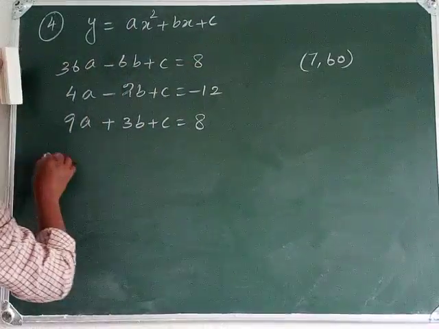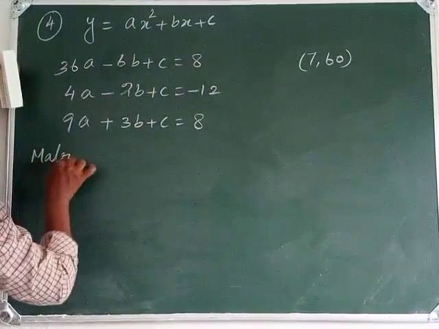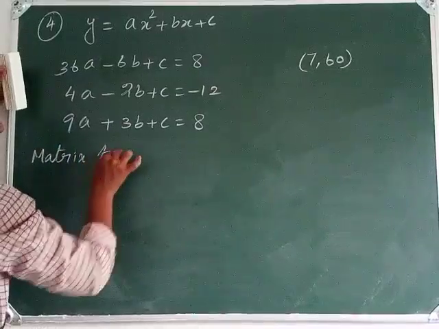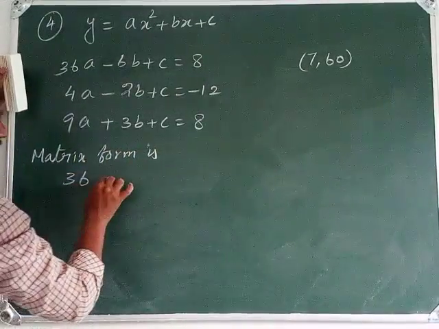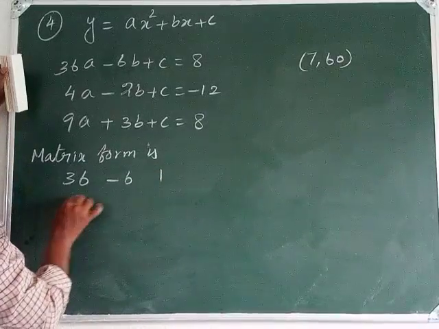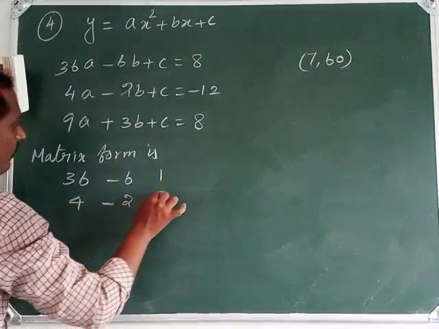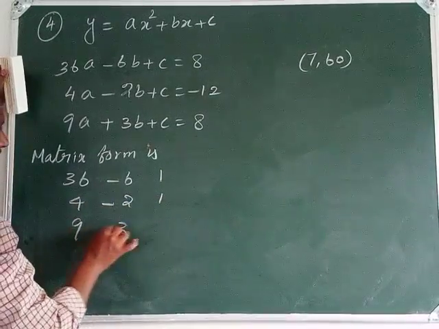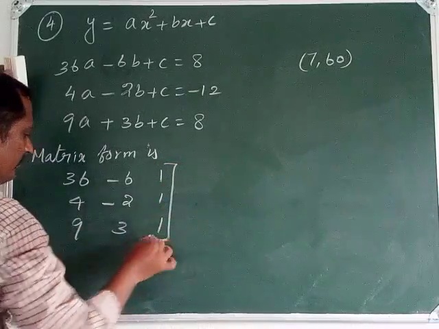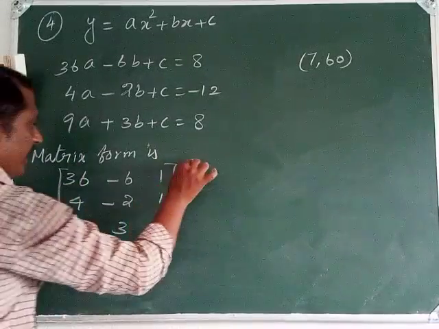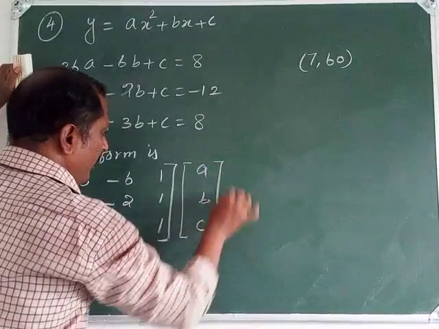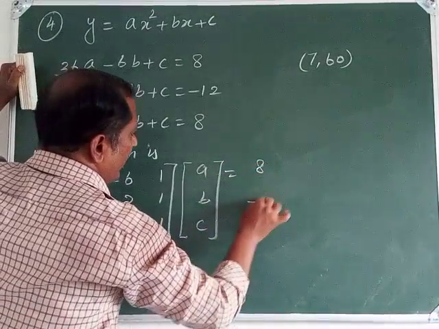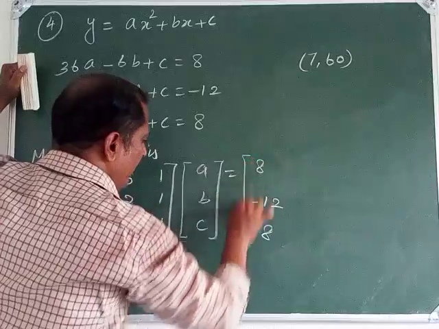So first you have to write the matrix form. Matrix form is 36 minus 6 1, 4 minus 2 1, 9 3 1, into A B C is equal to 8 minus 12 8.